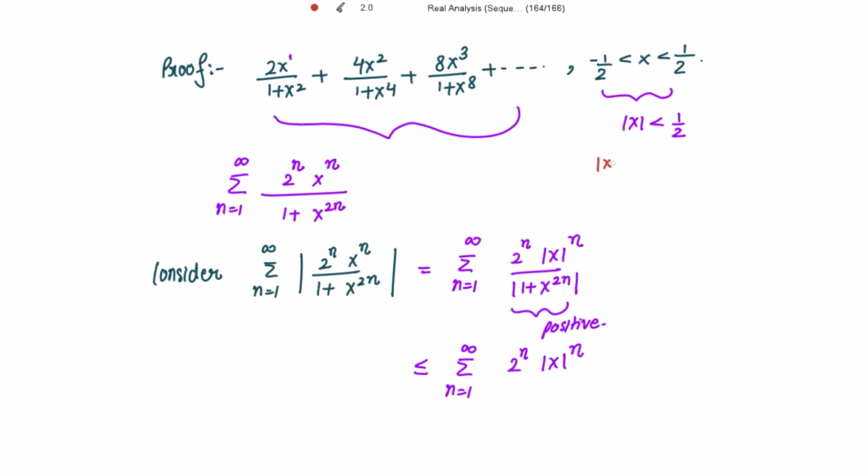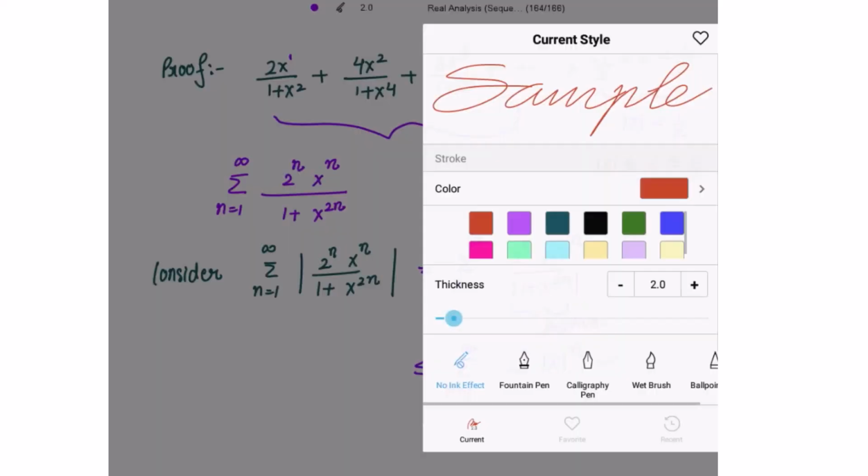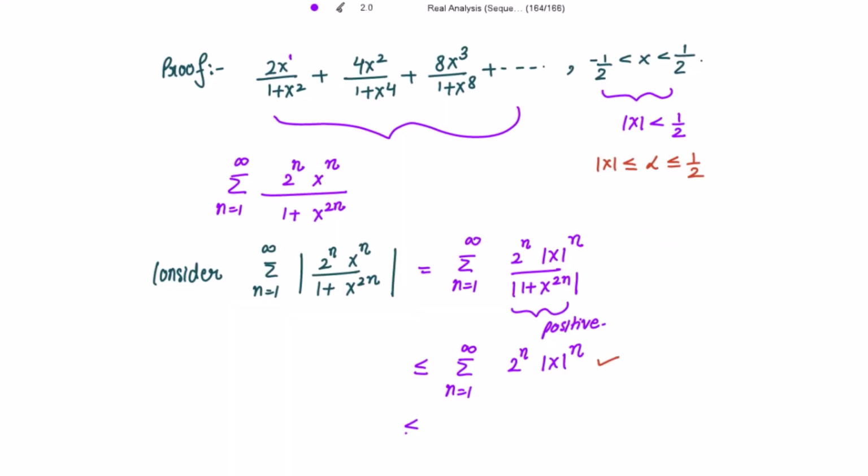So let's consider mod of x to be less than or equal to alpha, and it is less than or equal to 1/2. So applying this over here, we get further it is less than or equal to summation n going from 1 to infinity 2 to the power n into alpha to the power n. Reason? Mod x is less than or equal to alpha less than or equal to 1/2. Please mark this as 1.